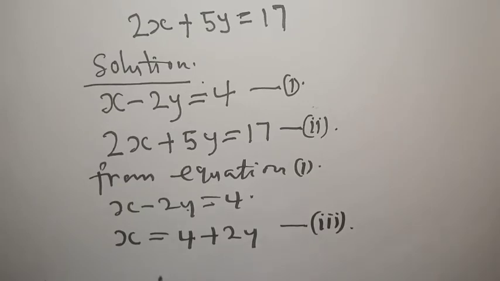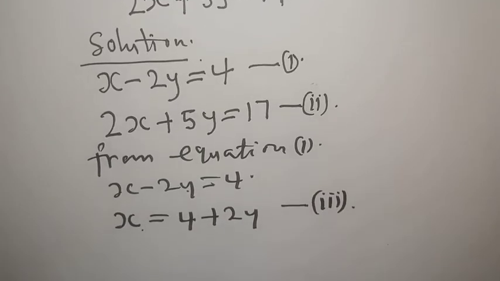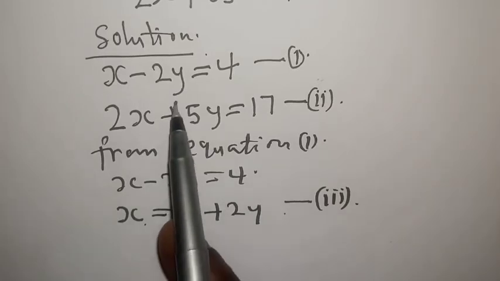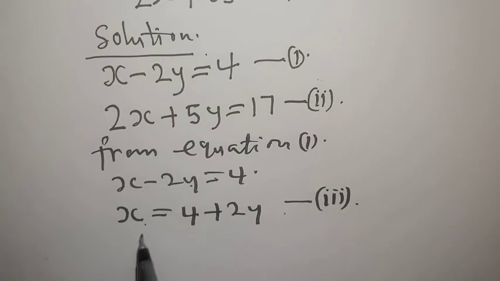Can you see? We have x minus 2y is equal to 4. In order to make x the subject of the formula, so that we can substitute in equation 2, x is equal to 4 plus 2y, because the minus 2y crosses to the other side and becomes plus 2y. Then we call it equation 3. Then we can now substitute equation 3 in either equation 2 or equation 1, but I will pick equation 2.